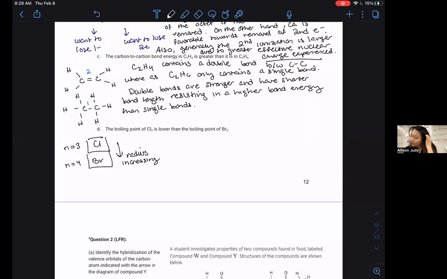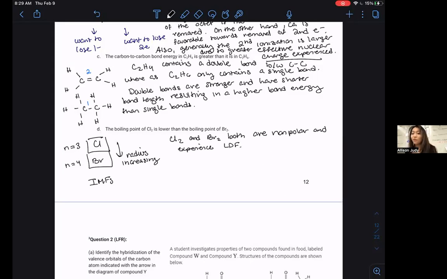The other thing we recognize is, if we're talking about boiling point, we also know that boiling point is directly connected to the IMFs present. So we notice that diatomic chlorine and bromine both are nonpolar and experience LDFs, or London dispersion forces.